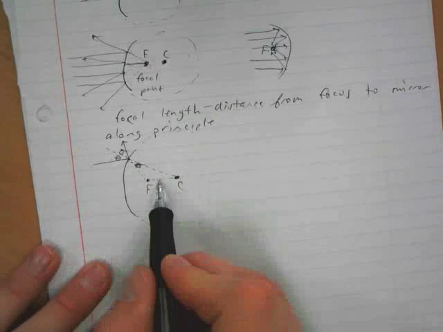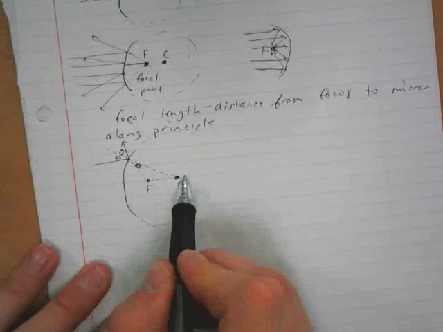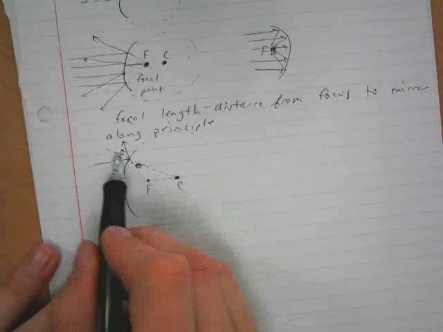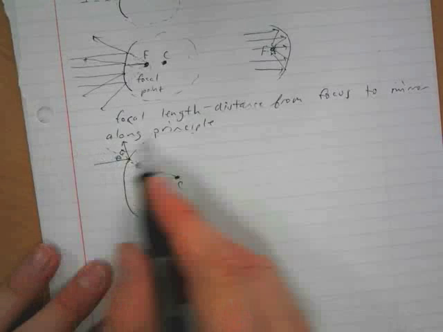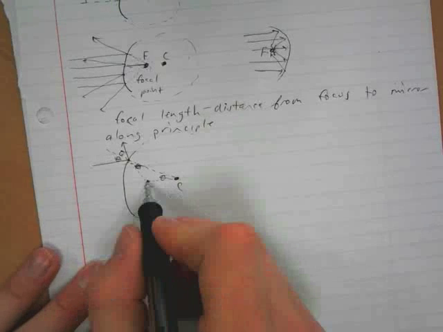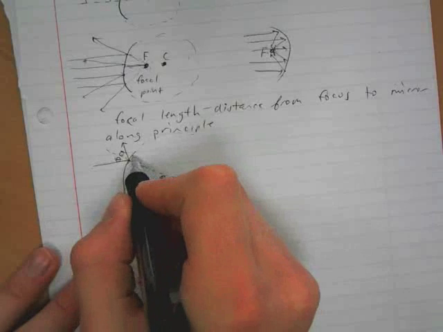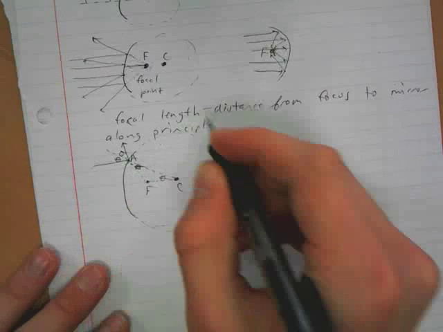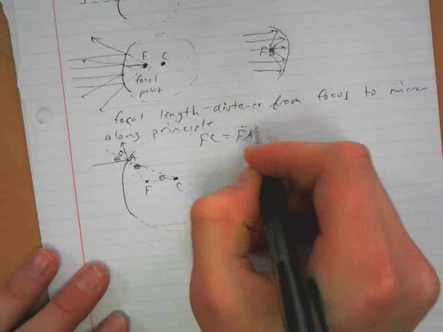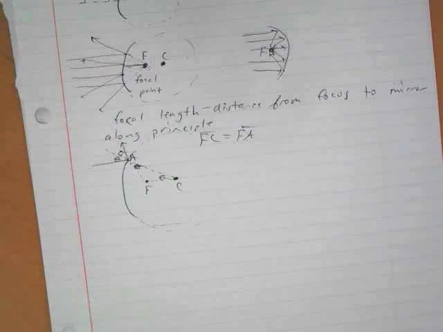Now FC here and the incoming ray are both horizontal, and this is the same line for both triangles, which means that this angle is also equal. So if I call this point A, that tells us that FC is equal to FA. Those two are equal to each other.